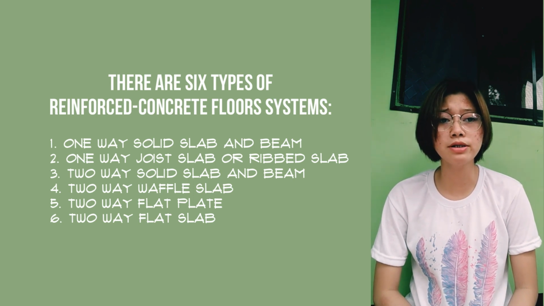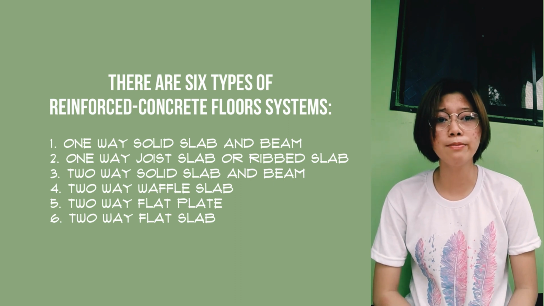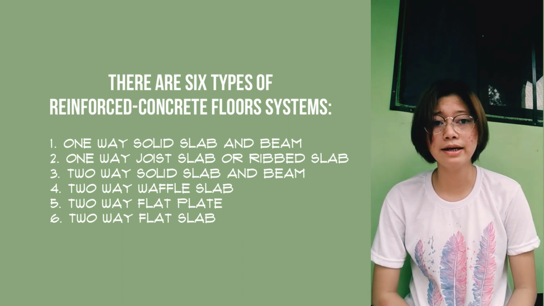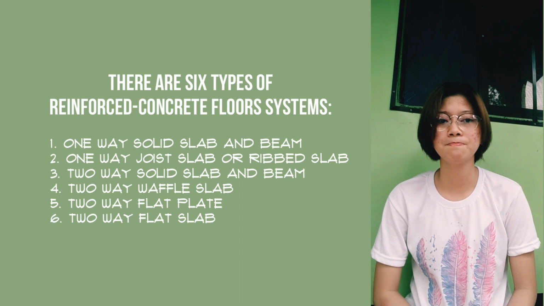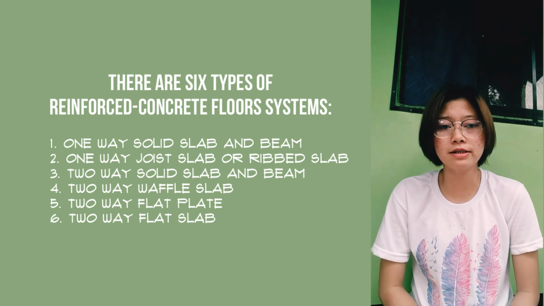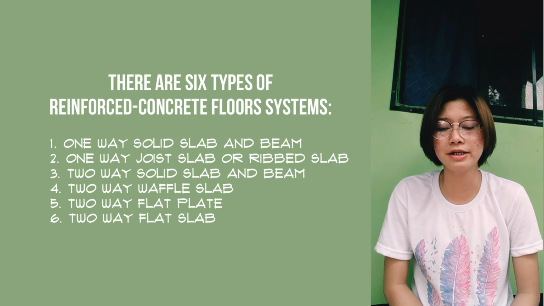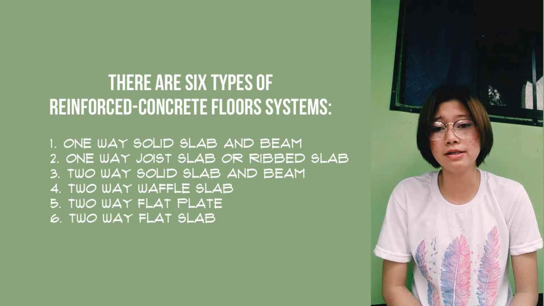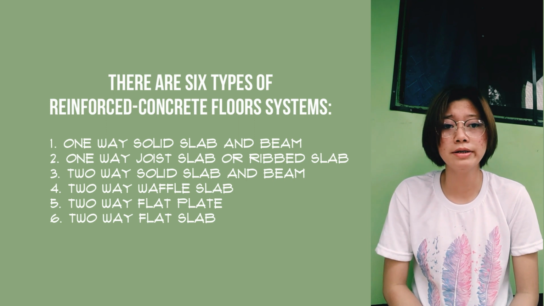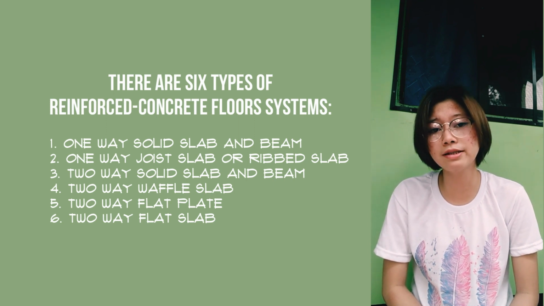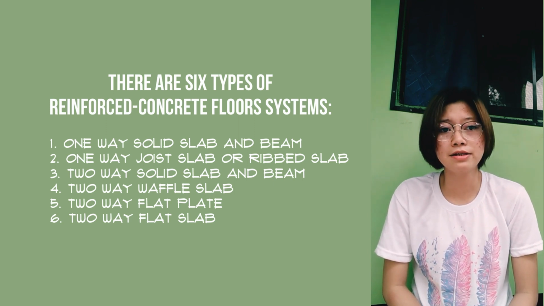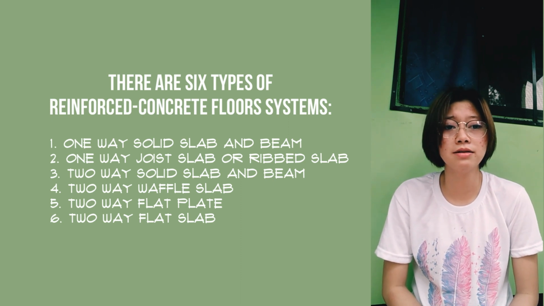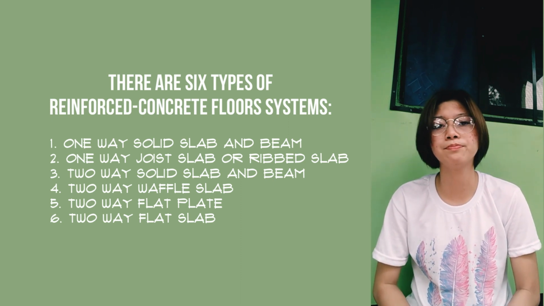Next is one-way joist slab or ribbed slab, 2-way solid slab and beam, 2-way waffle slab, 2-way flat plate, and 2-way flat slab. Each particular system has its distinct advantages, depending upon the spacing of columns, the magnitude of the loads to be supported, lengths of spans, and the cost of construction.